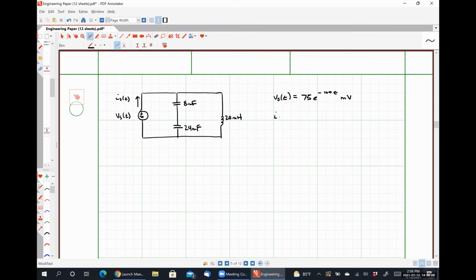We are told that Is at 0 minus is negative 50 milliamps. And we are asked to solve for Is of t for t greater than 0.